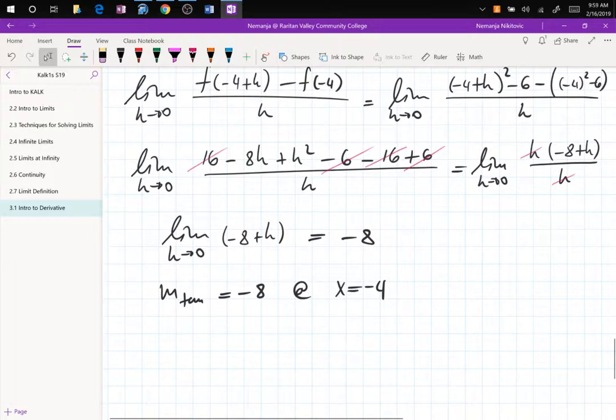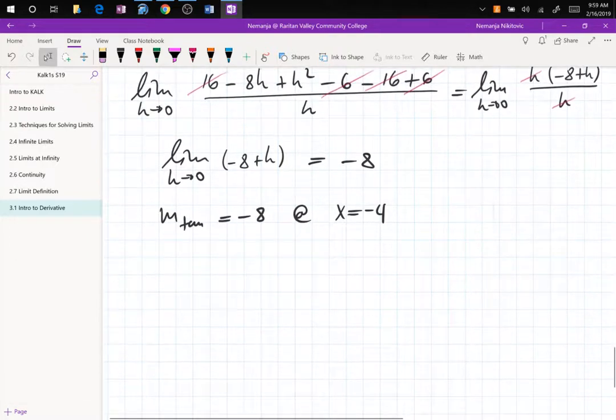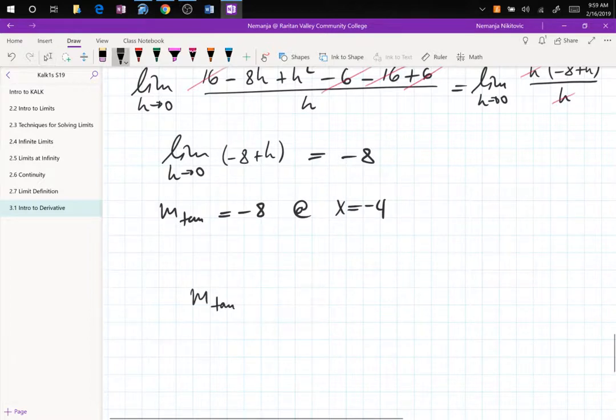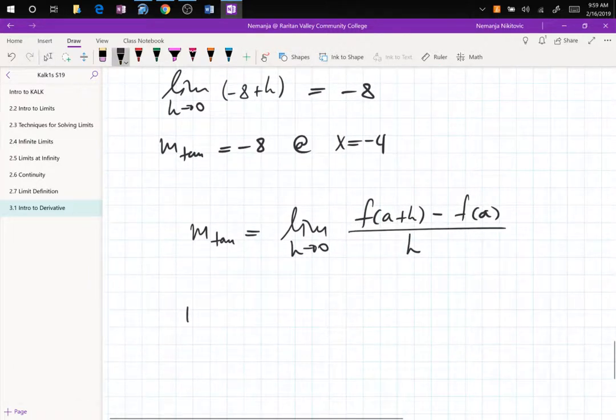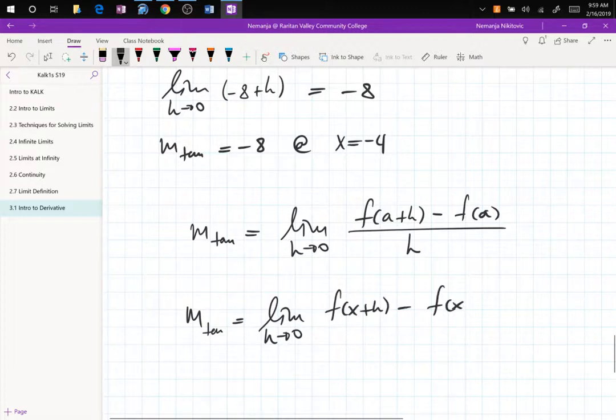So how about we just do this in general terms? Instead of having our formula for m tangent be limit h goes to 0 of f of a particular a, which in the past were the numbers provided to you, let's use limit h goes to 0 of f of x plus h minus f of x, so we can calculate in terms of x.